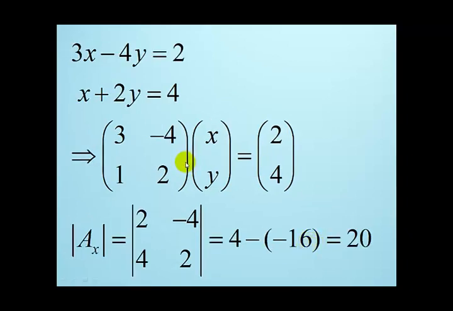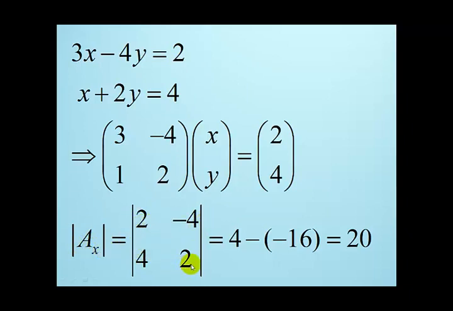Now, we are finding AX. We have 3, minus 4, 1, 2, multiplying xy and giving us 2, 4. If you want to find AX, take note that the minus 4, 2 remains the same, but because we are finding AX, the 3, 1 is replaced by the constant 2, 4. So the determinant of AX will be equal to the determinant of 2, minus 4, 4, 2.